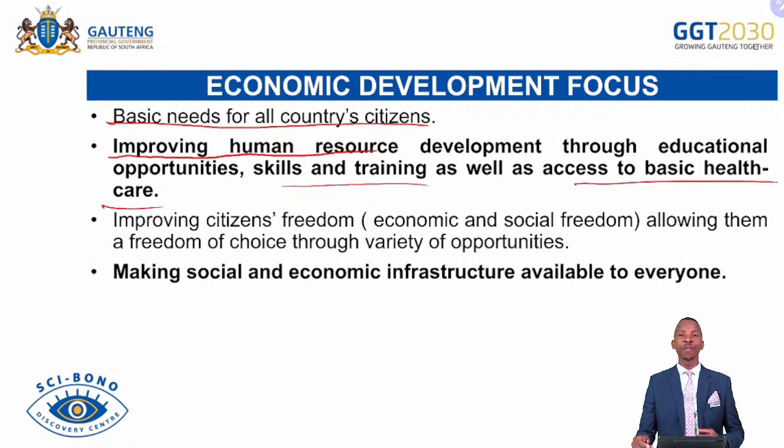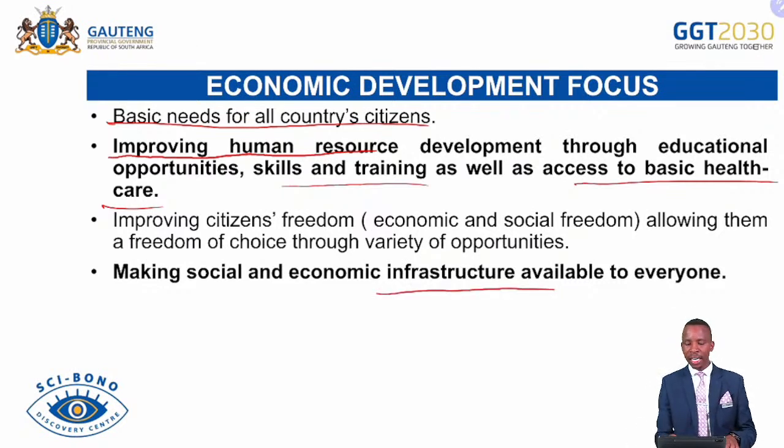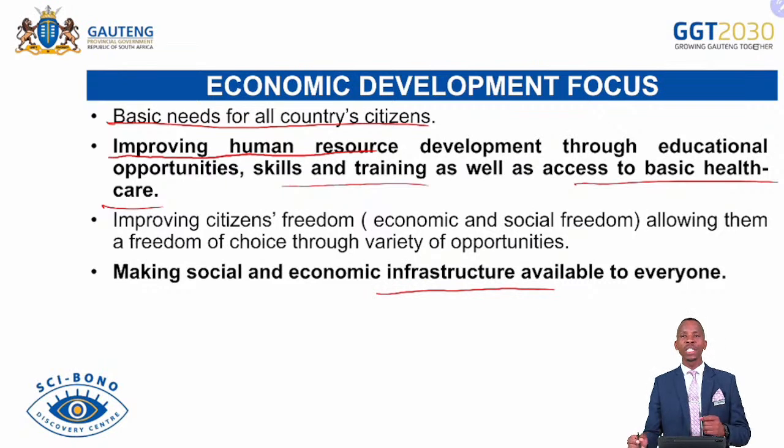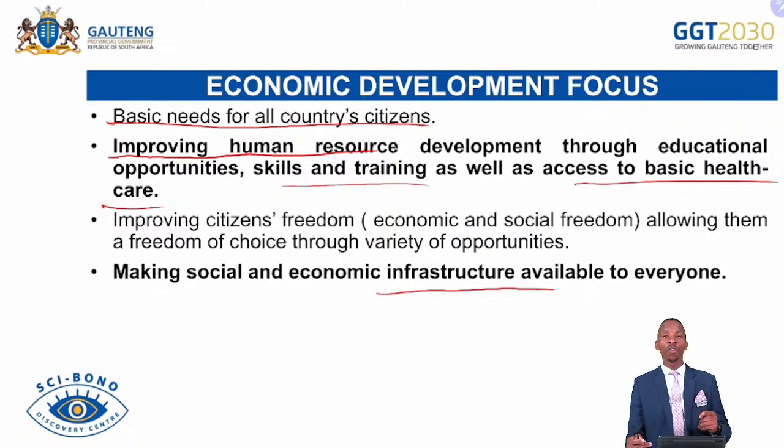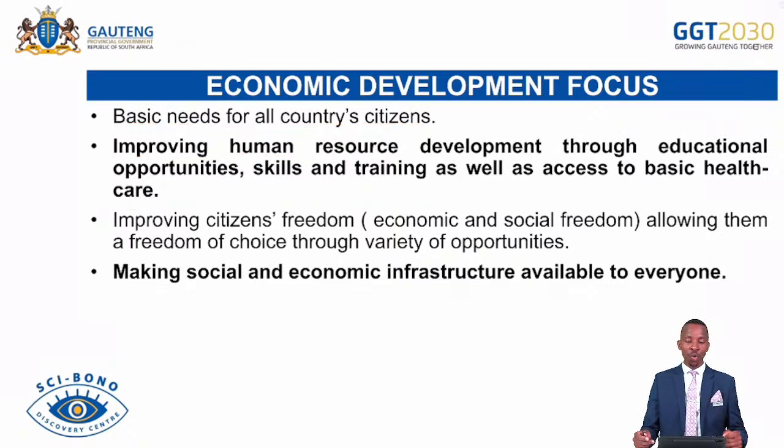It is very important for the state or the government to provide the infrastructure so that people can be able to live better lives. The availability of this infrastructure, remember, can create even job opportunities. Availability of this infrastructure can make people live under better conditions because it goes with the provision of basic needs. So service delivery as a main is very important to ensure that economic development is cemented and is achieved within the society.